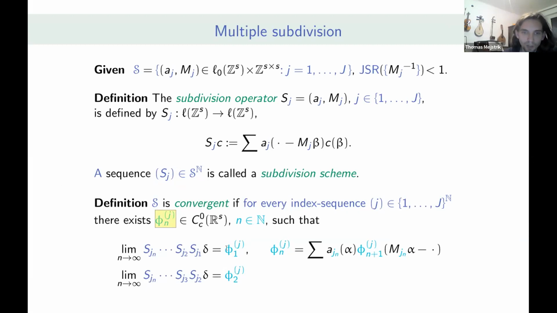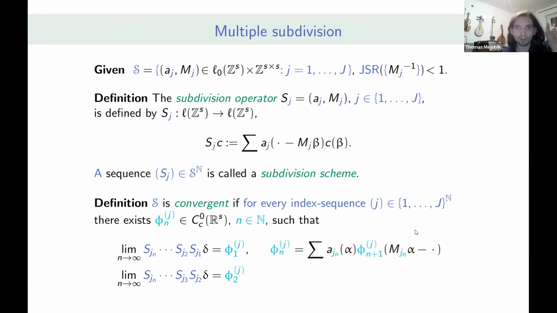And phi 1 is defined by starting with the first subdivision operator we chose, and phi 2 is nearly the same, but we skip the first subdivision operator and start directly subdividing from the second. And then if we define this sequence, then we get this self-similarity equation here, that the nth limit function phi is a sum of shifts and dilates of the n plus 1st.